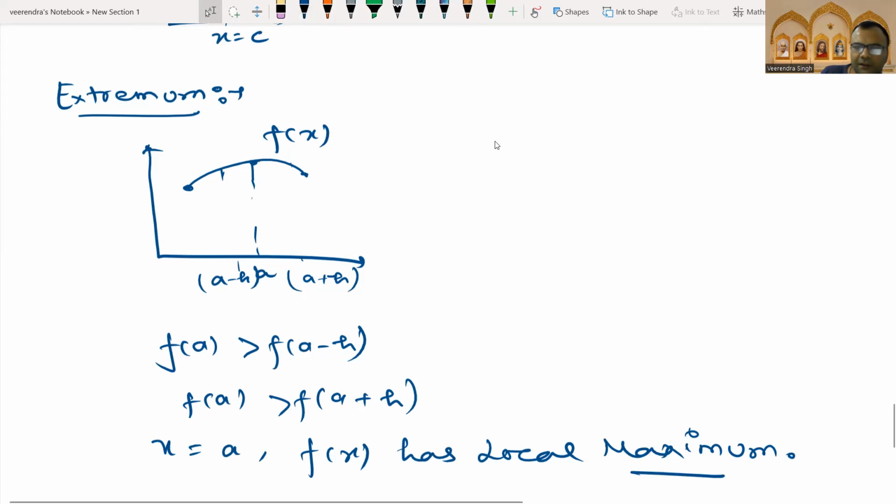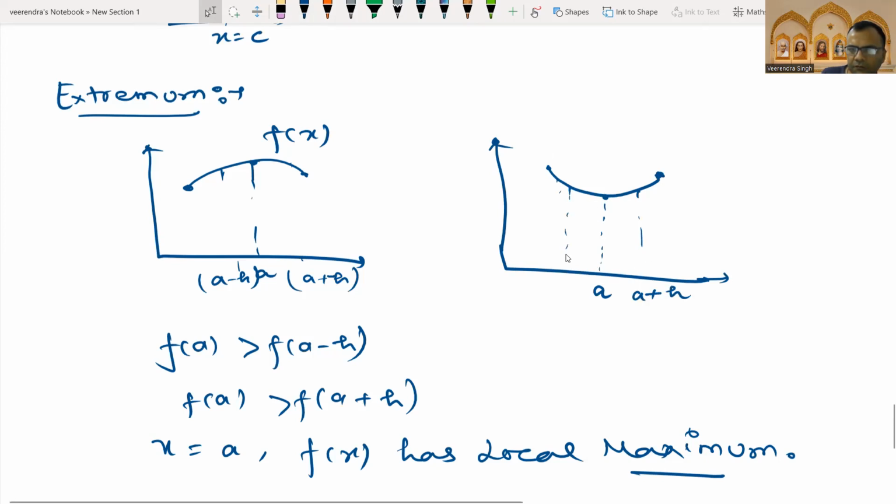Similarly, suppose we have a graph like this. A plus h, here we have some A minus h. This is for f of x. So here we can see that at f of A minus h, the value is more, f of A, the value is less, and again at f of A plus h, the value is more.